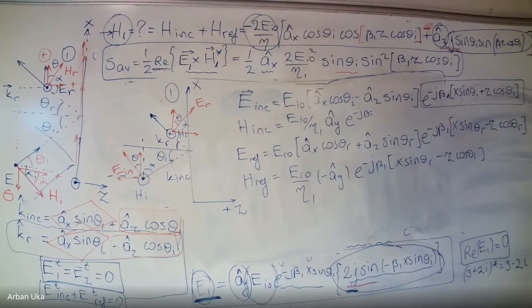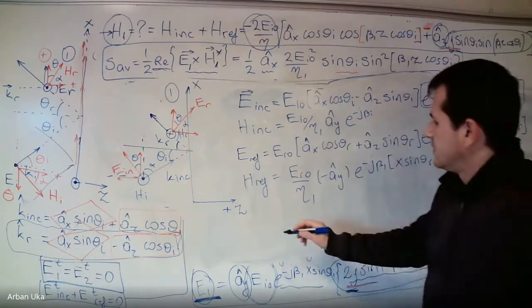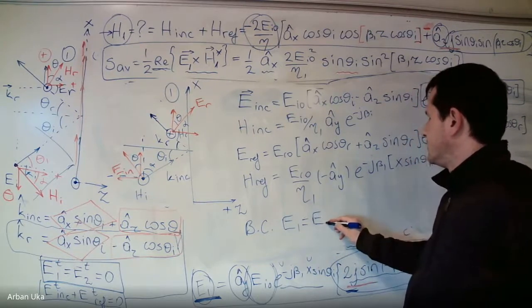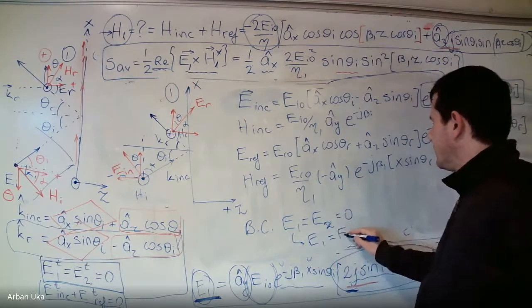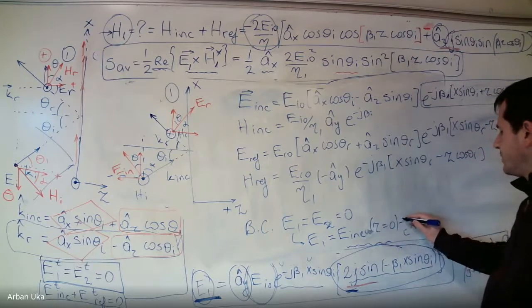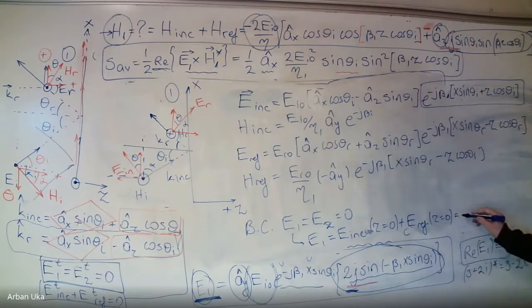The tangential E1 is going to be equal to E incident at Z equal to 0 plus E reflected at Z equal to 0, and this is going to be equal to 0.